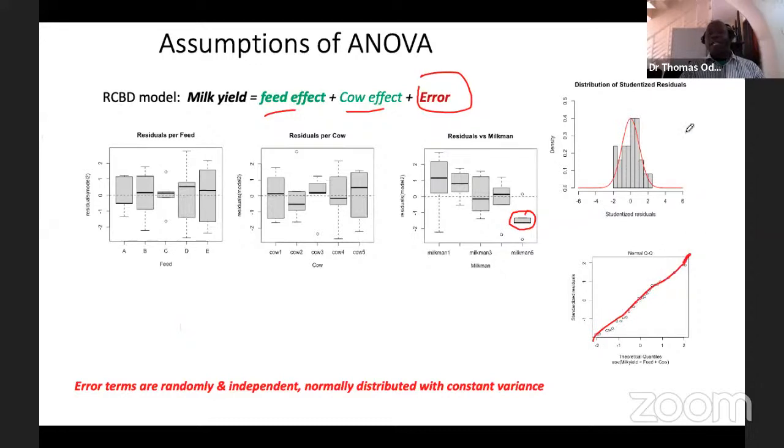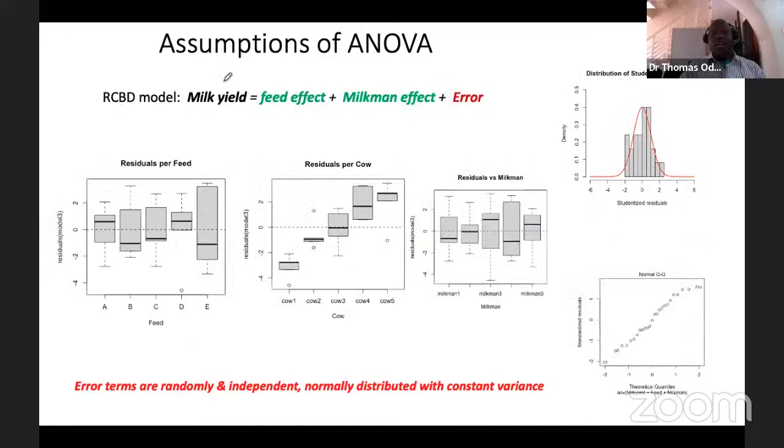And one of the things is that the normality assumption is not really that much of a big problem as far as analysis of variance is concerned. What needs to concern us is whether we have a constant variance or not. When we bring in the effect of the cow and the milkman, of course, if we remove the cow from the model, you can see we are back to square one.